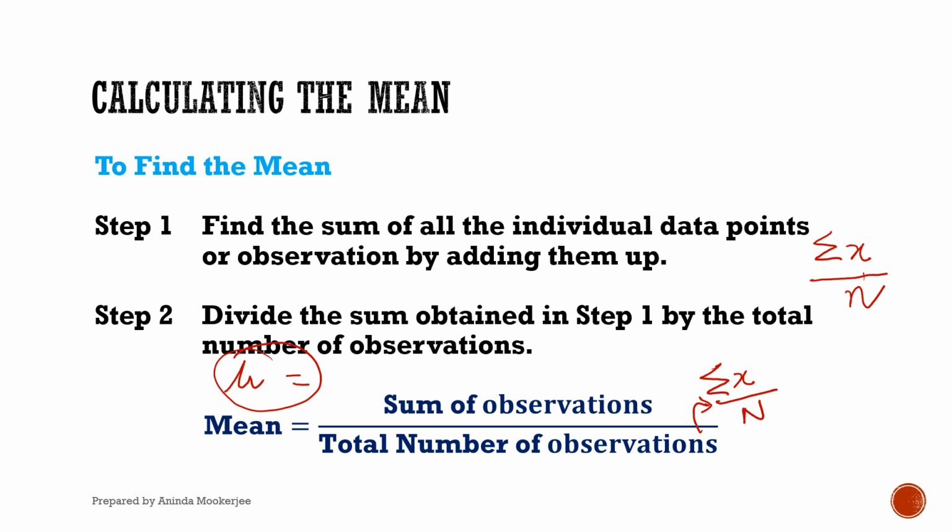If it is referring to the sample mean, then the sample mean is denoted by x bar, and the sum of observations is still sigma x, and the total number of observations is denoted by the lowercase n.